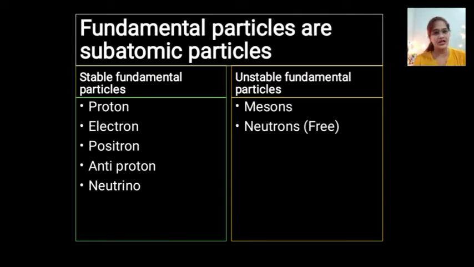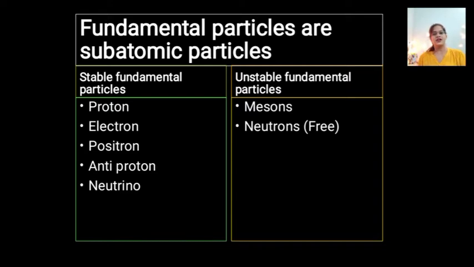For example, neutrons are stable only inside the atoms. But when we take them out and make them free, they are completely unstable, and the average life of a free neutron is only 17 minutes.